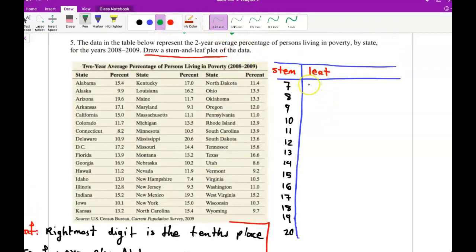Now writing what we have here on the right. This one is 7. We should find how many 7s we have here. Here is one, so that's the only one we have, and the rightmost digit is 4.